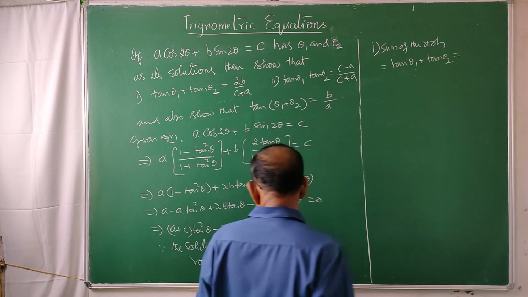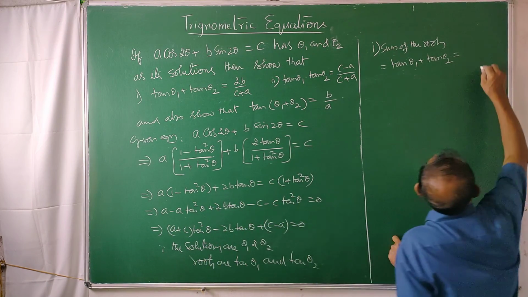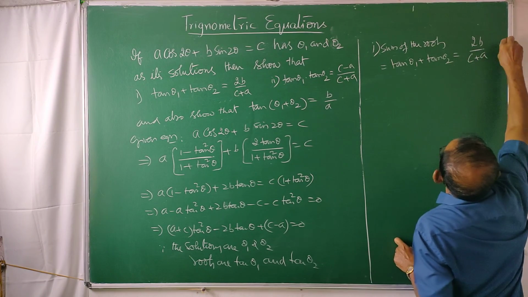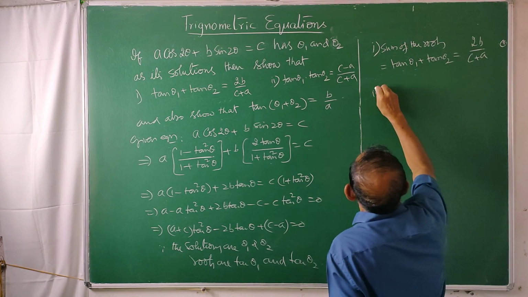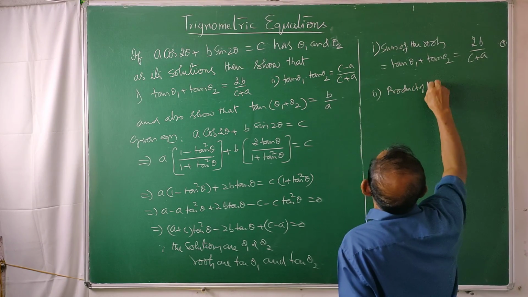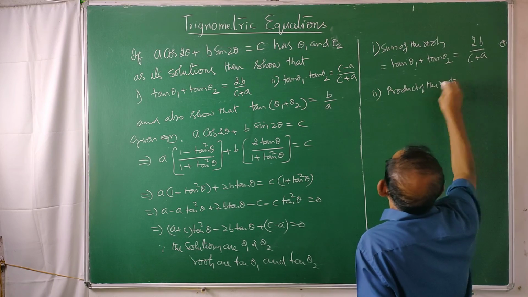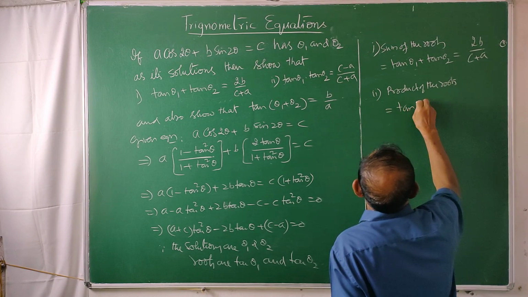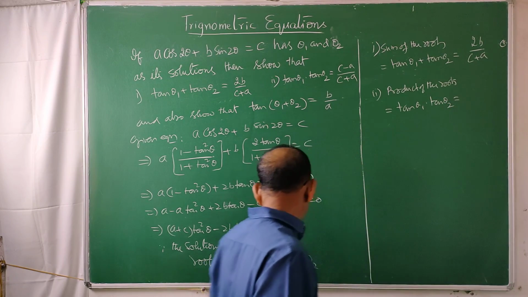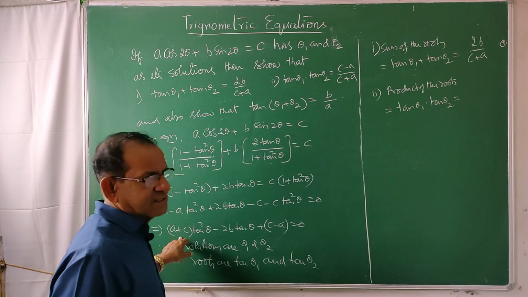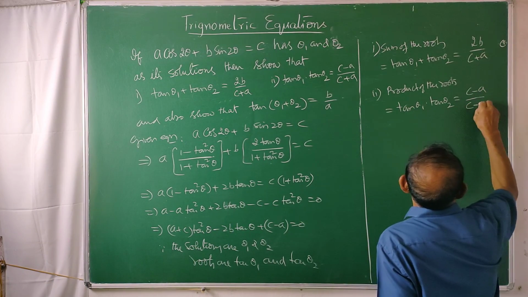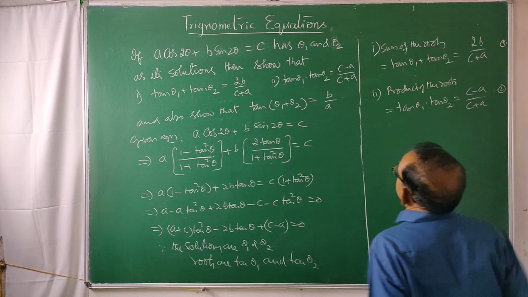Minus of minus 2b, that is 2b by c plus a. This is the first result. Next, the product of the roots: tan theta 1 into tan theta 2 is equal to C by A. Here C is c minus a and A is c plus a, so it is c minus a by c plus a. This is the second required result.